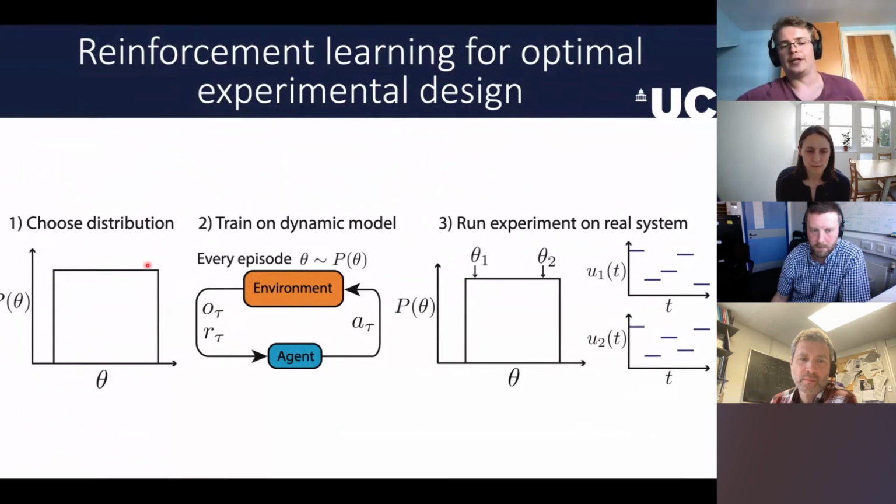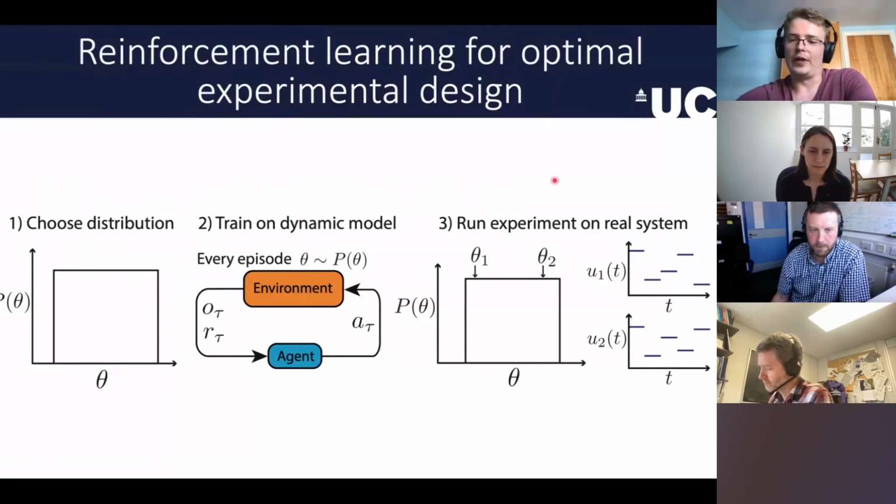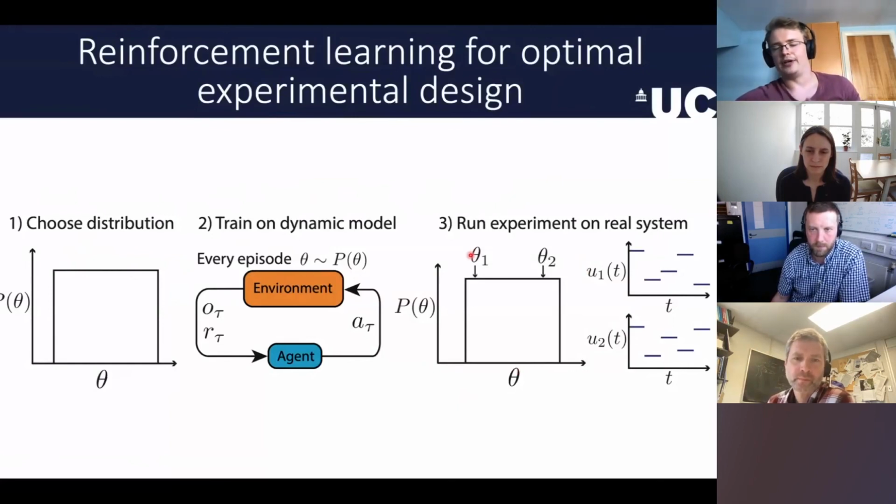Because we don't know where in this distribution our real parameters are going to end up being, the idea is that wherever we are in this distribution, we can do an optimal experiment. And we do show that this works. For different parameter samples, the agent will adapt its experiment depending on where it happens to be in that distribution, which means that wherever you are, you're going to get a near optimal experiment at the end.